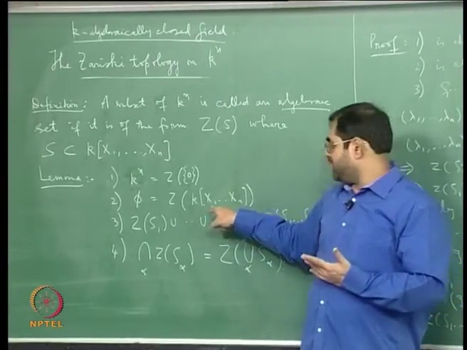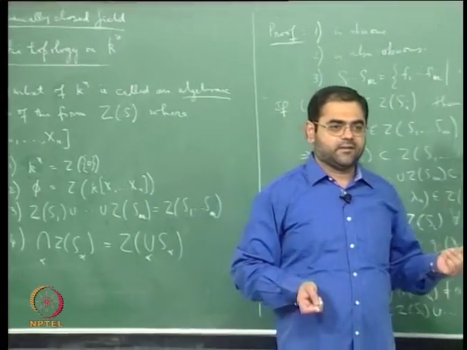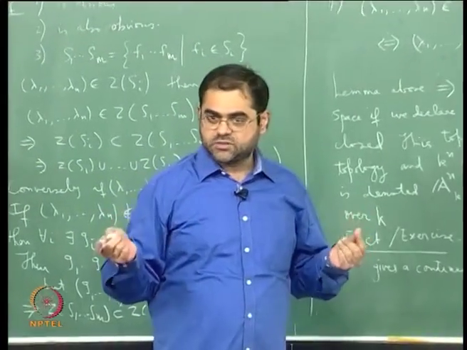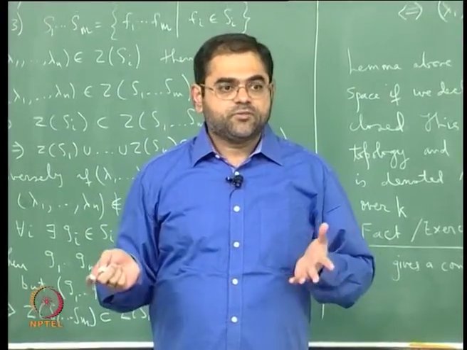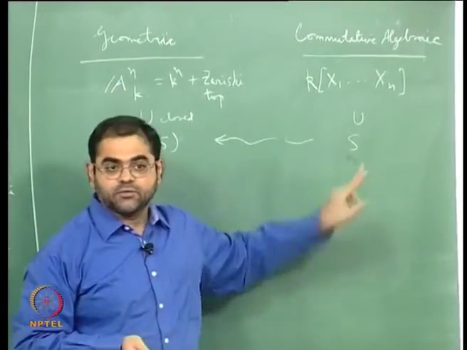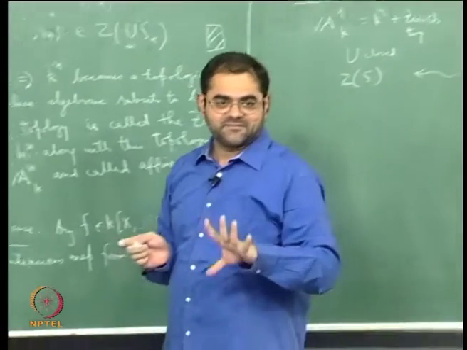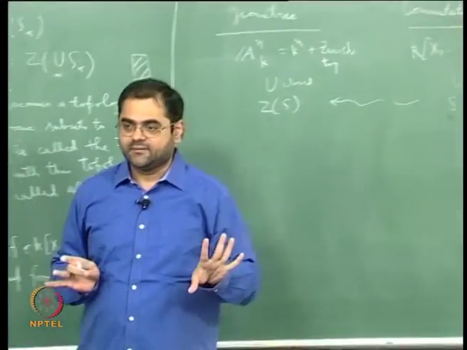So if your subset S contains a unit, which in this case is a non-zero constant, then the zero set is going to be empty. So there is no point in taking a subring here. You don't want any units to begin with, because if you take units here, this set is empty, there is nothing to study.